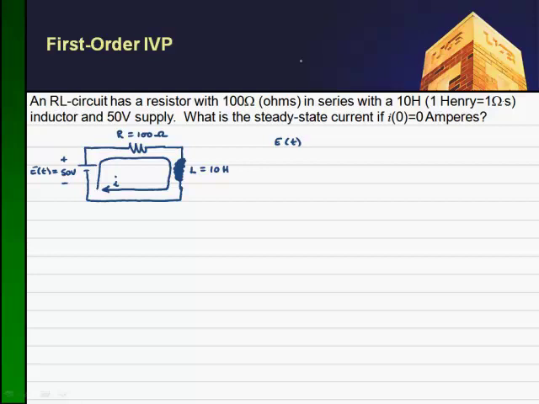Then we'll have a drop, with the high side on the left and low side on the right, across the resistor according to Ohm's law, which is R times I of t, and then across the inductor minus L di dt, and then we get back to our starting point and say that that equals 0.